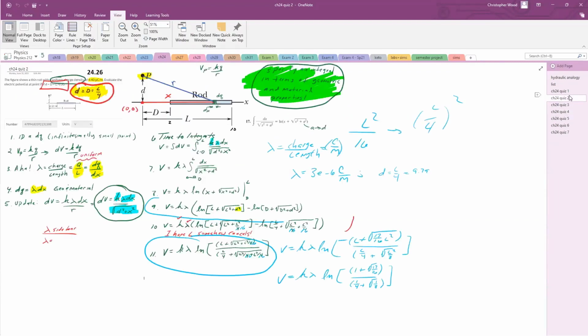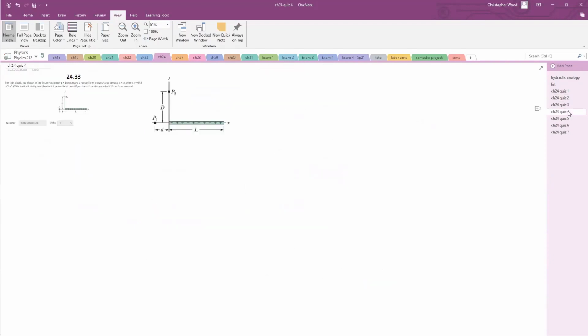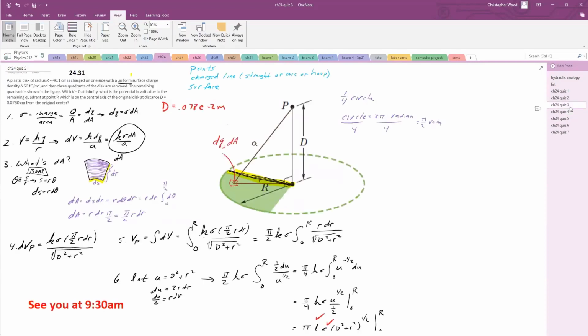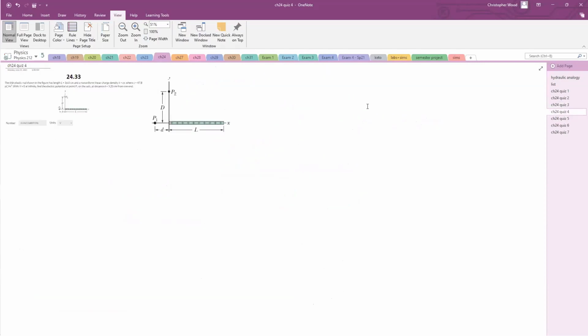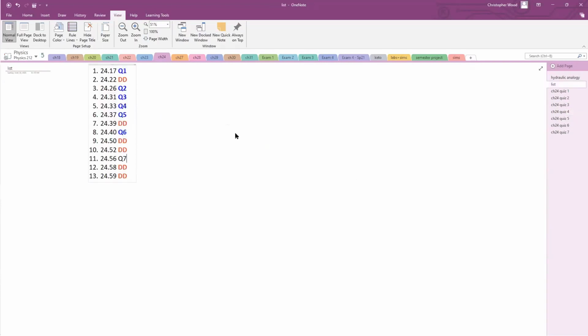My quiz 4 is showing the previous question as well. Quiz 4. Really? All right. I'm looking at quiz 4, it should be 24.33. 1, 2, 3, 4, 24.33.